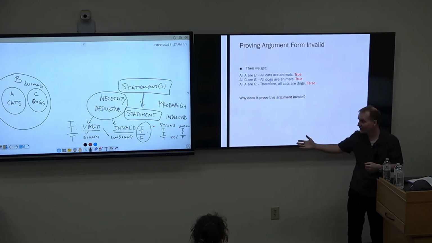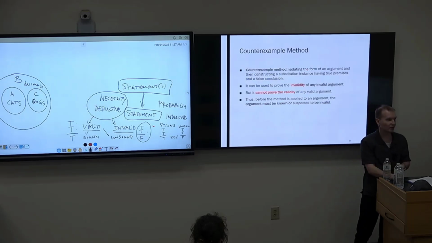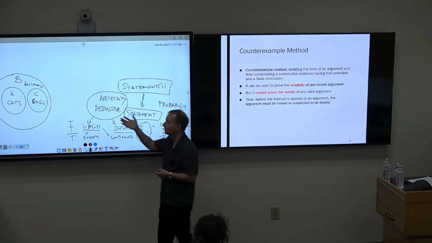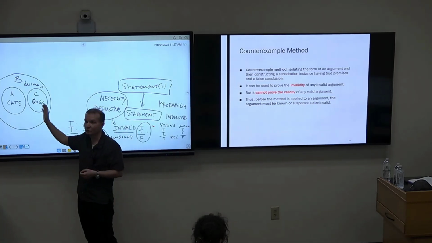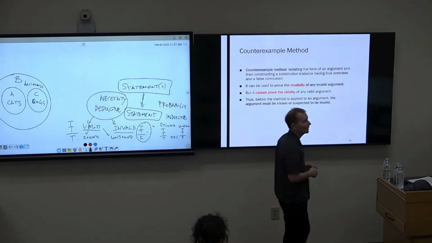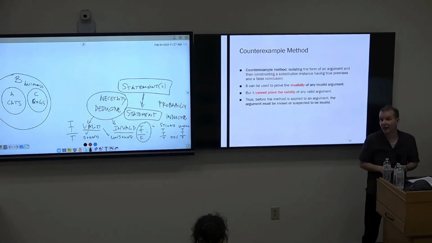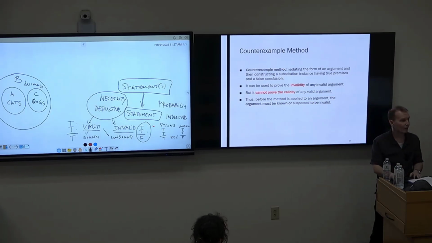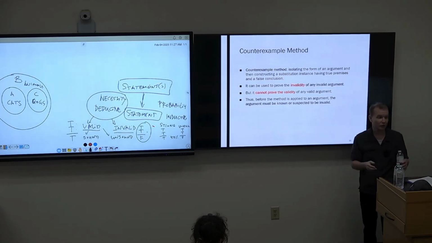Yes, by definition. By definition of validity, it shows that it can't be the case that in an argument which has this form, the premises are all true and the conclusion is false. And if that can happen, then the argument is invalid, because in a valid argument we never, ever have that. Now, obviously, the counterexample method cannot be used with all arguments.